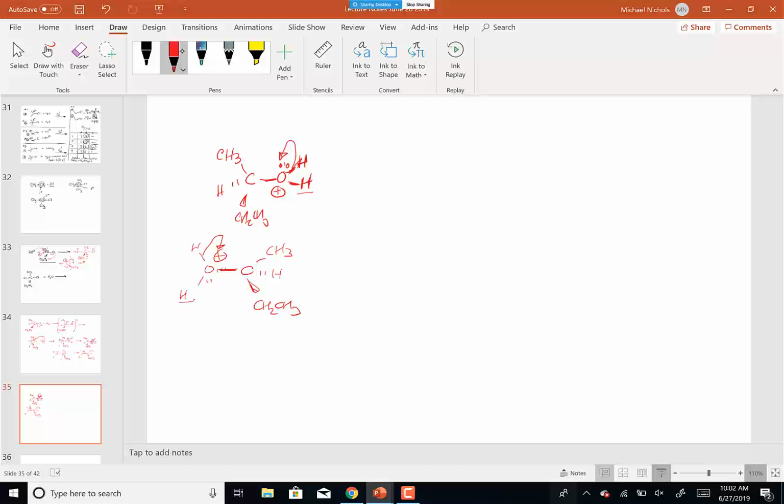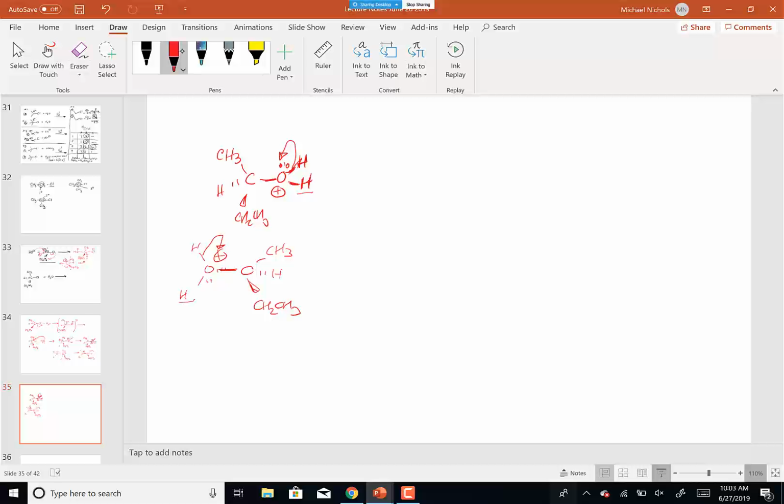And as we do more of this, what I find is this arrow causes people the most amount of problems. If you're going to have problems, this is one of the areas where you kind of have a problem. So remember, the arrows are the movement of electrons.